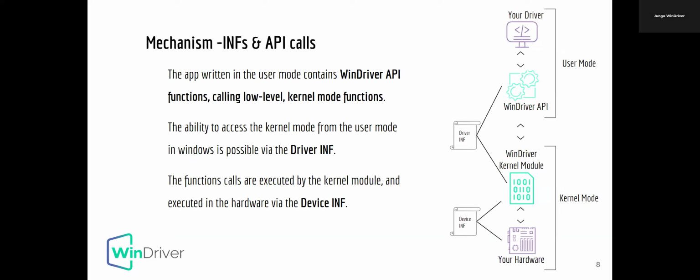How does it work? So we want our driver or our application to communicate with the hardware. How is it done? What we've generated in the wizard is a device INF, which allows access to the device itself. What communicates directly with the hardware is WinDriver's kernel module. Okay, we can see it here.